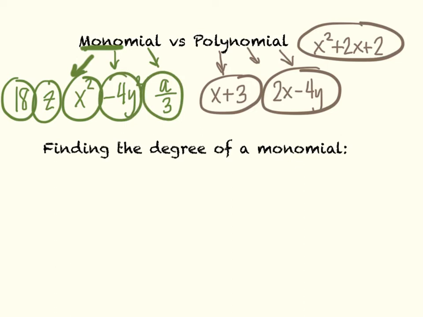Okay, so if we want to find the degree of just a monomial, which is what we have written in green over there, what we do is we add the exponents of its variables.